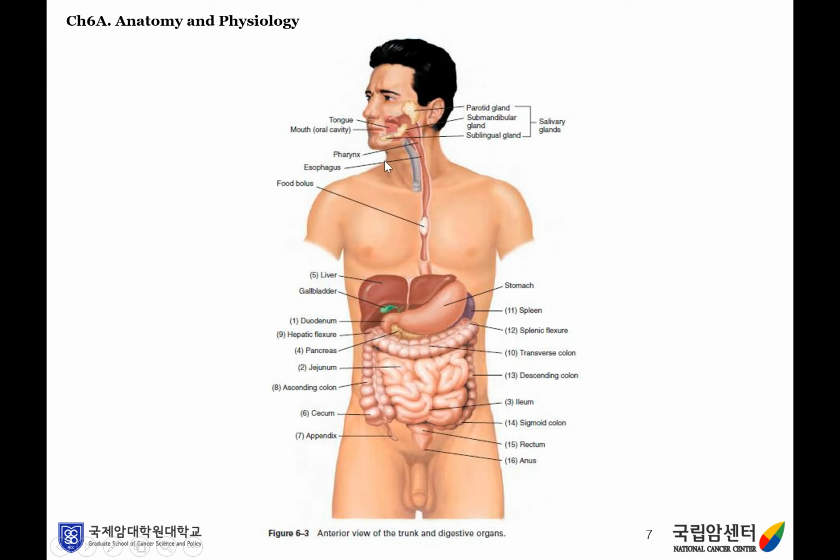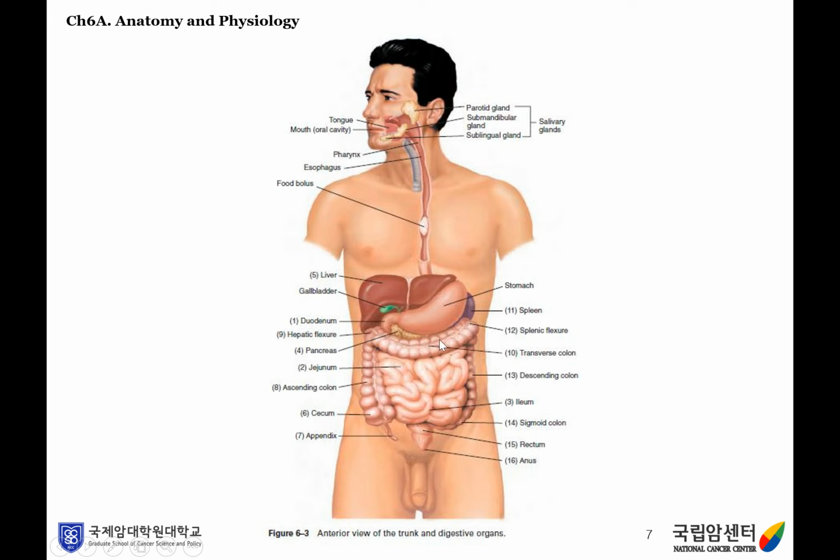Please look at one by one. From the face, the start of the GI system, there is a tongue, a mouth, and the pharynx, esophagus, and it goes to the stomach and duodenum. The duodenum is the first part of the small intestine.